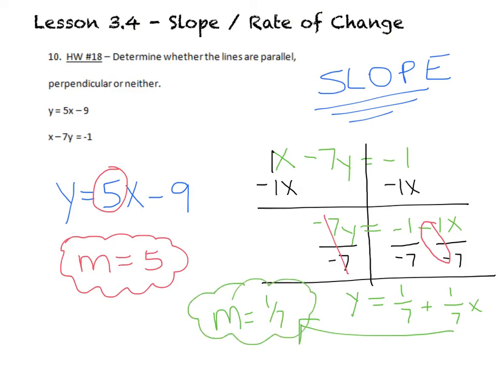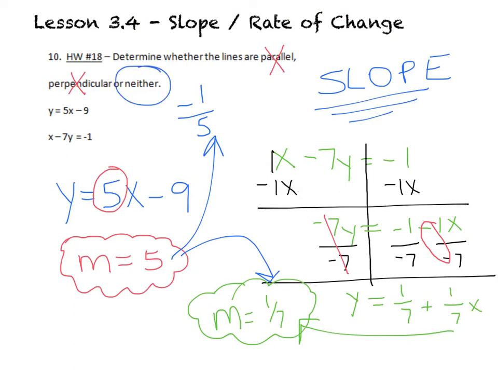They're certainly not parallel, so I'm going to put a big X through that. Parallel lines have the same slope, and they're not perpendicular either because they're not negative reciprocals. Just to practice, the negative reciprocal slope of positive 5 would be negative 1/5, and that's certainly not 1/7, so we can say they are neither.